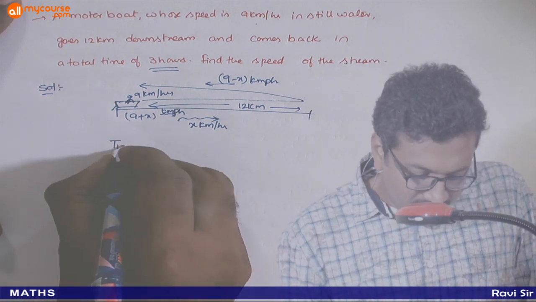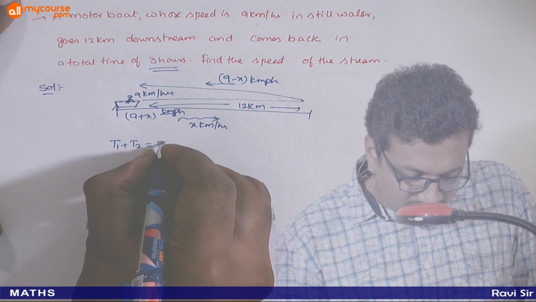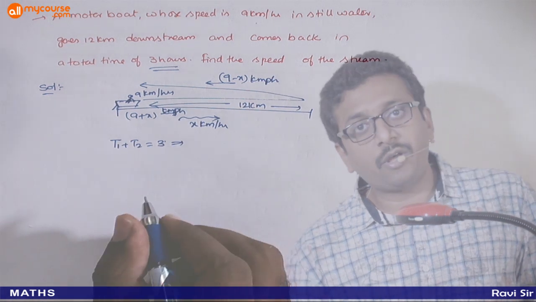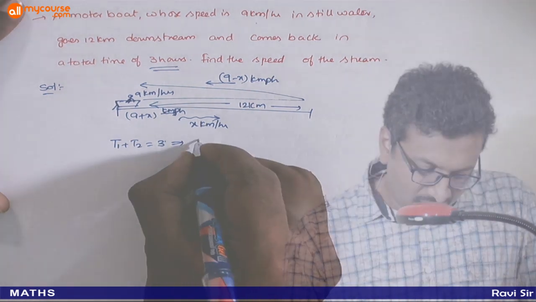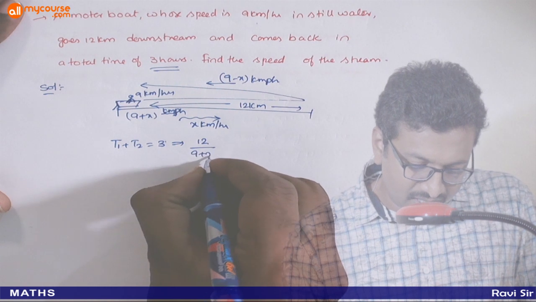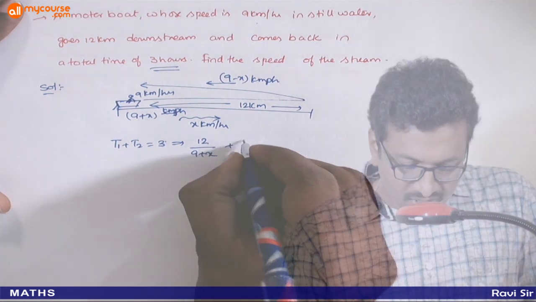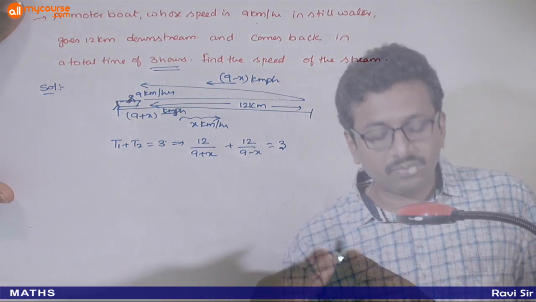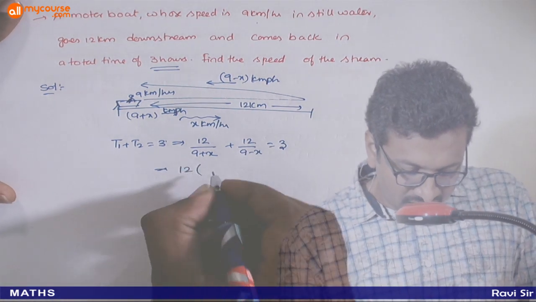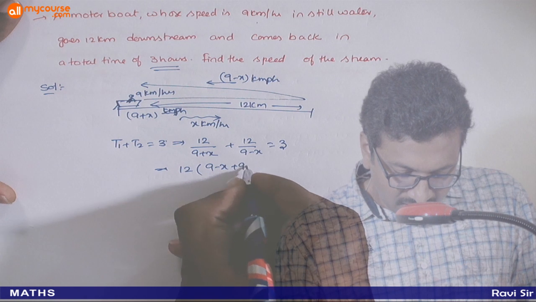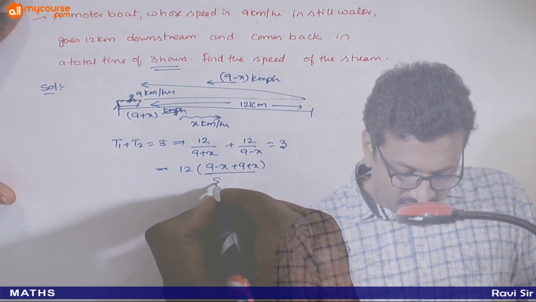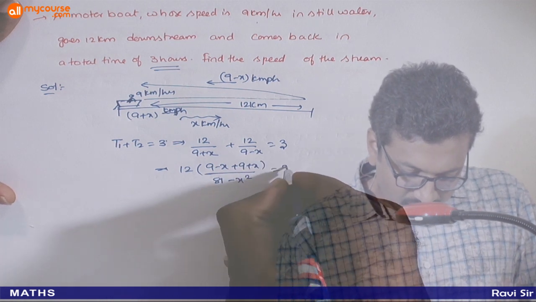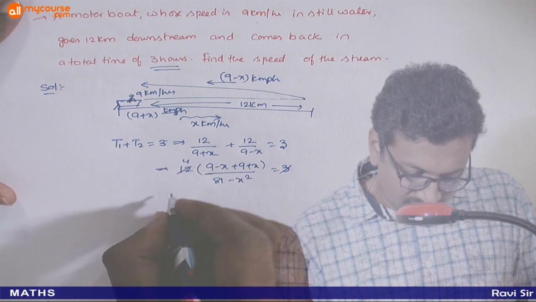So t1 plus t2, the total time, is equal to 3. What's the formula for time? Distance by speed. So 12 by (9 plus x), that's the first time, plus 12 by (9 minus x) is equal to 3. Taking 12 common, (9 minus x plus 9 plus x) divided by (81 minus x square) is equal to 3. 4 cancels.